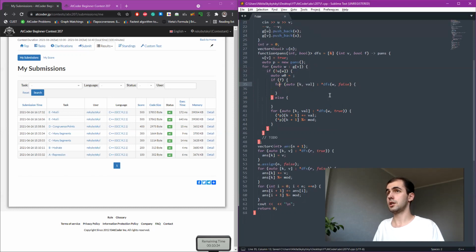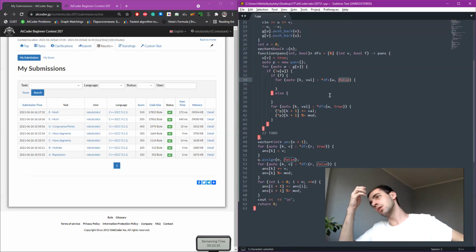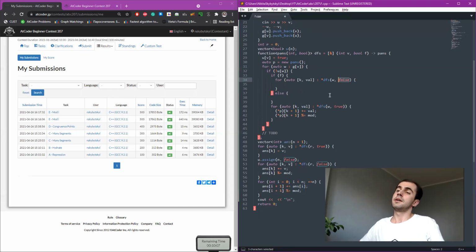If you go here, like we are taking the current vertex, what does it mean? Despite not taking that vertex, oh shit.